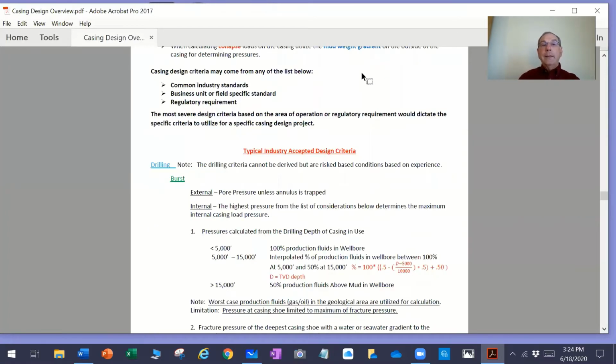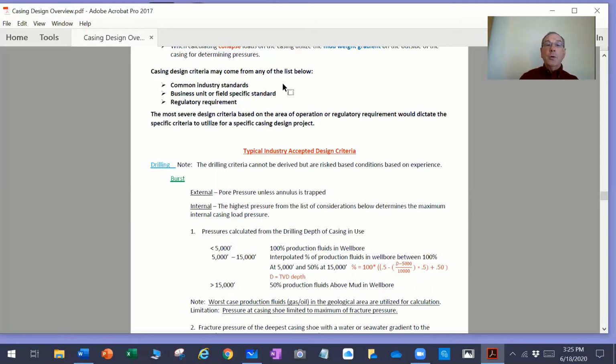Now, casing design criteria may come from any of this list that I put together here. It could be common industry standards that we utilize. We may also have business unit or field specific standards, or depending on where you are operating in the world, you might have a specific standard that's greater than the industry standard, and you're going to use the most severe of whatever the standard is.